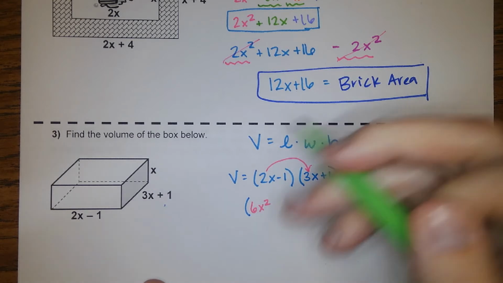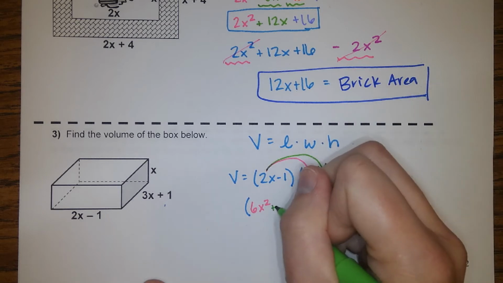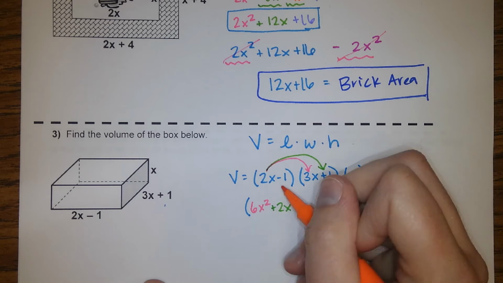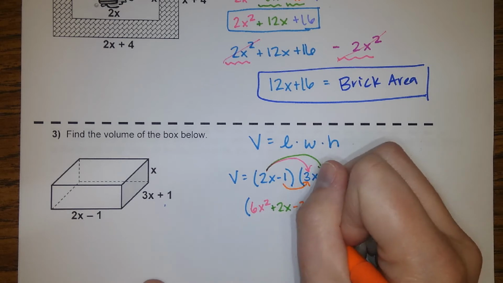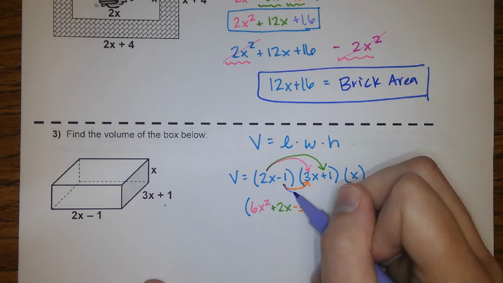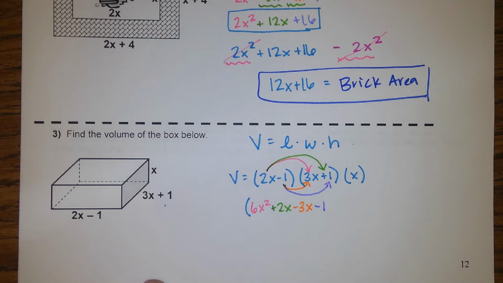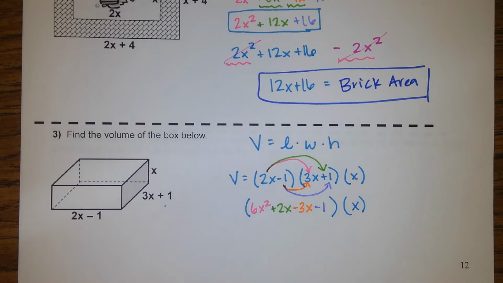And then we have 2x times 1, which is plus 2x. And then we have negative 1 times 3x, which is minus 3x. Then we have negative 1 times 1, which would be minus 1, right? And then we still have our x here on the end. We don't want to forget that guy.